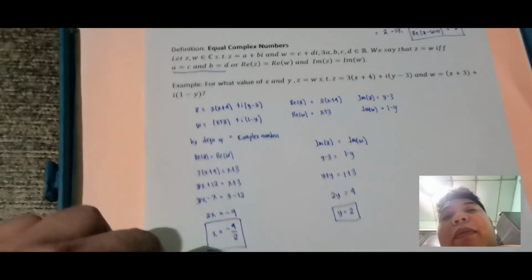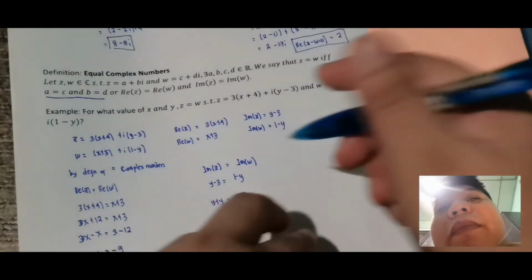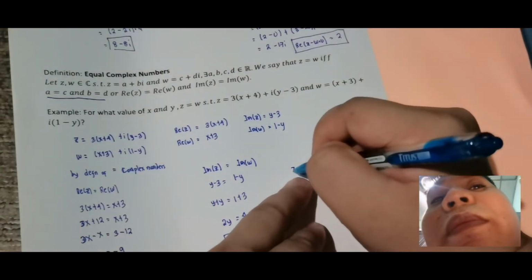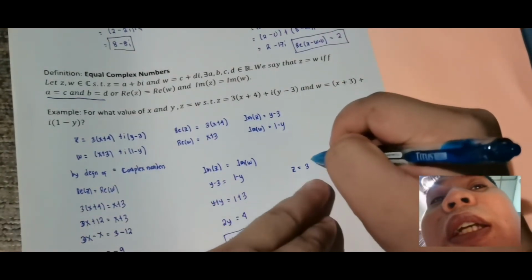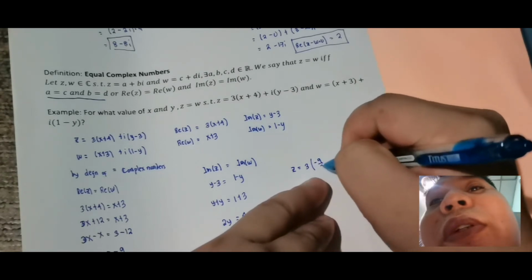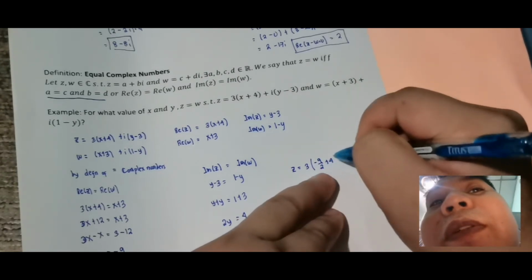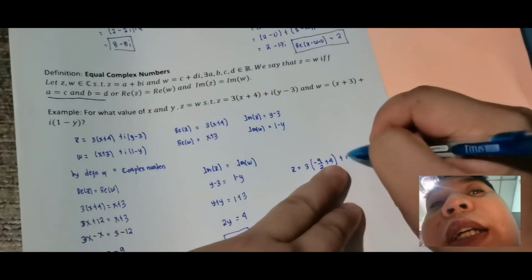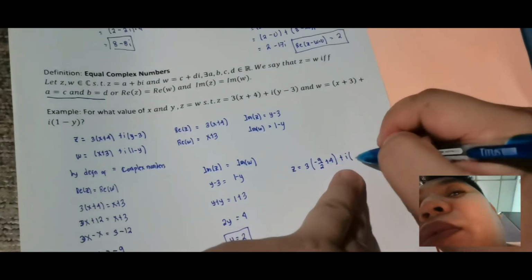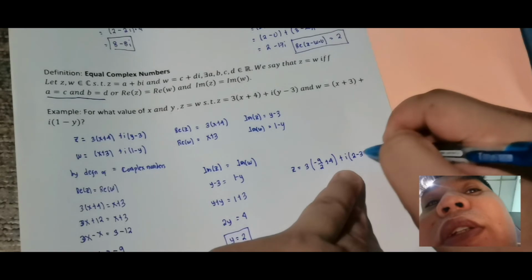So, check lang natin para malaman natin kung tama yan. So, let's have z is equal to 3 times negative 9 over 2 plus 4, then plus i times y. Y is 2, that is 2 minus 3.